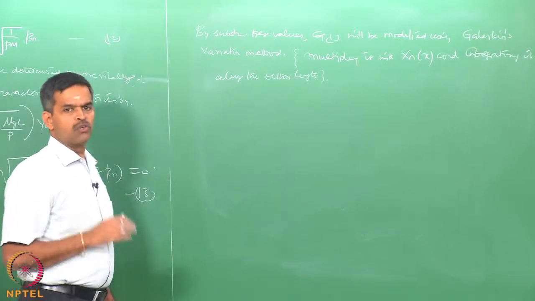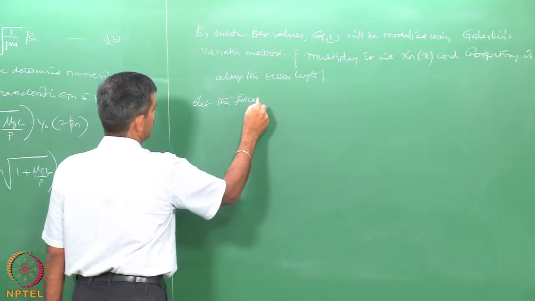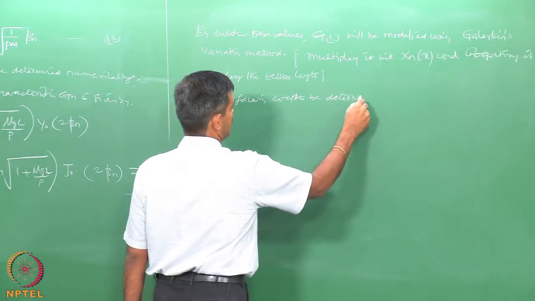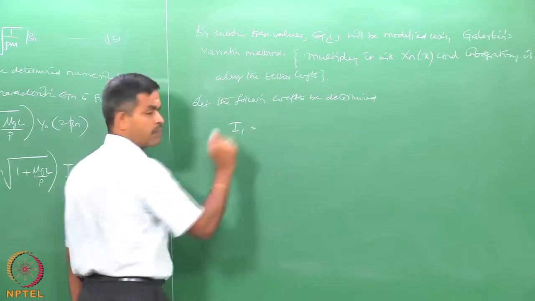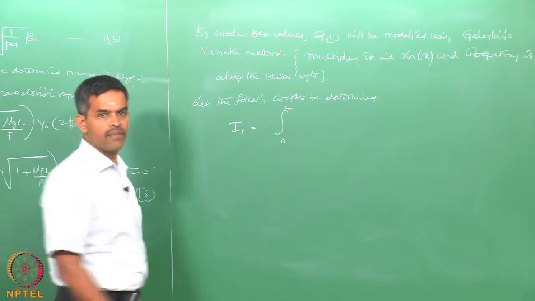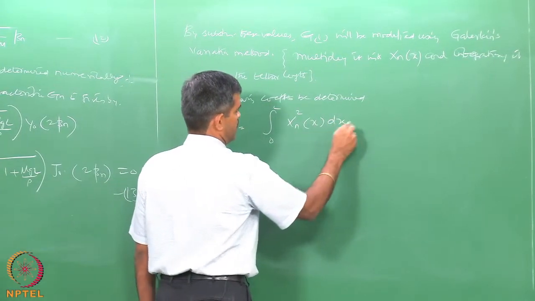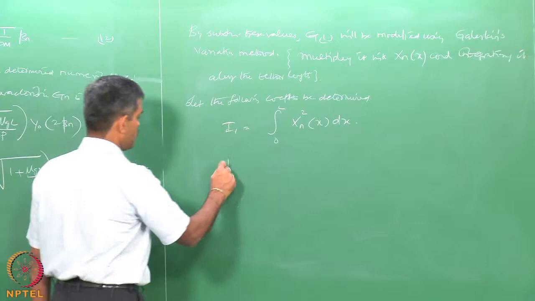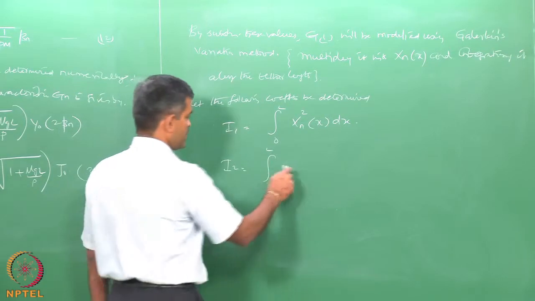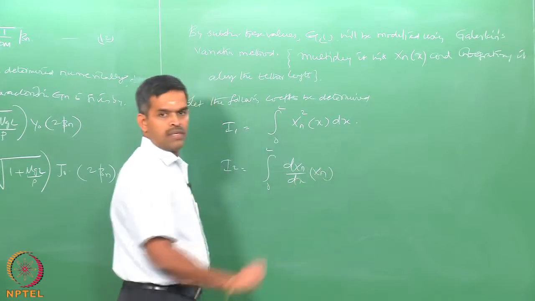So, now we need coefficients to do this. Let the following coefficients be determined. I1, which is along the length we have to integrate, along the length 0 to L, X_n square dx. Okay. Let us say I2 is again 0 to L dX_n by dx of X_n dx.